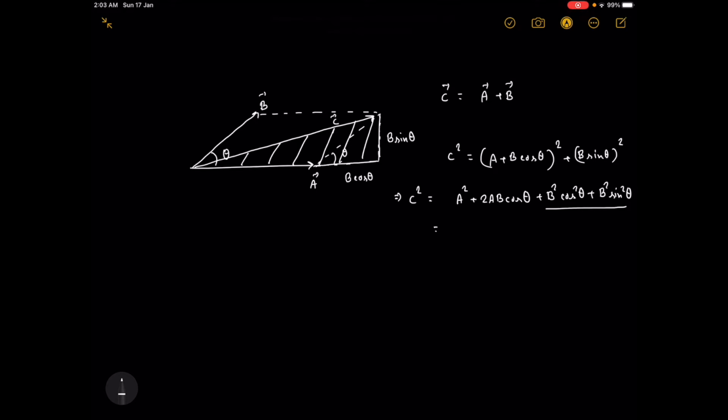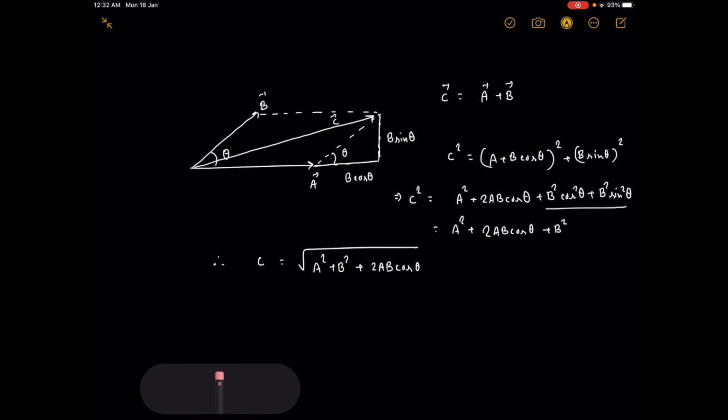So this will just become a square plus 2ab cos theta plus b square. Simplify this. So what will be the magnitude of the resultant? C equals root over a square plus b square plus 2ab cos theta. So this is the magnitude that we were looking for.